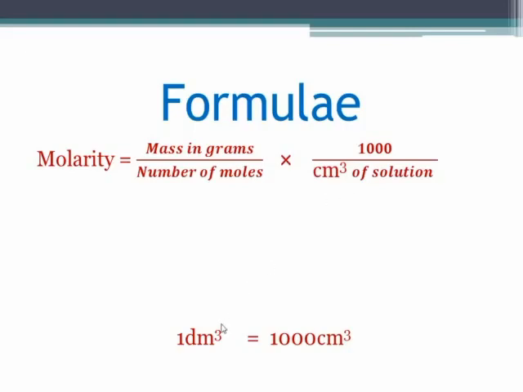But if decimeter cube are given, then you have to convert decimeter cube into centimeter cube. And 1 decimeter cube is equal to 1000 centimeter cube. Then you will apply this formula of molarity if you have to find mass in grams, number of moles, molarity or centimeter cube of solution.